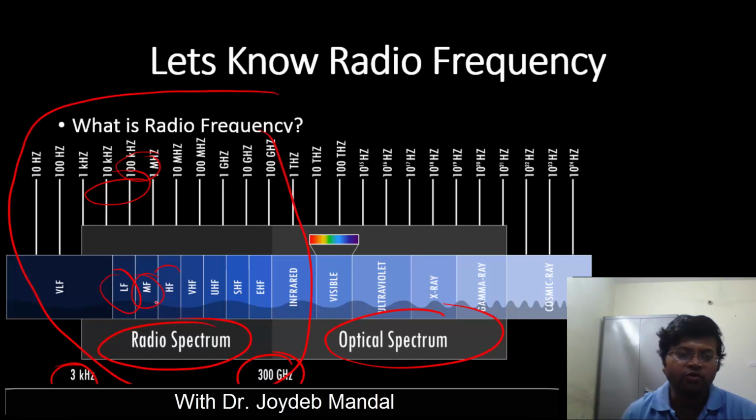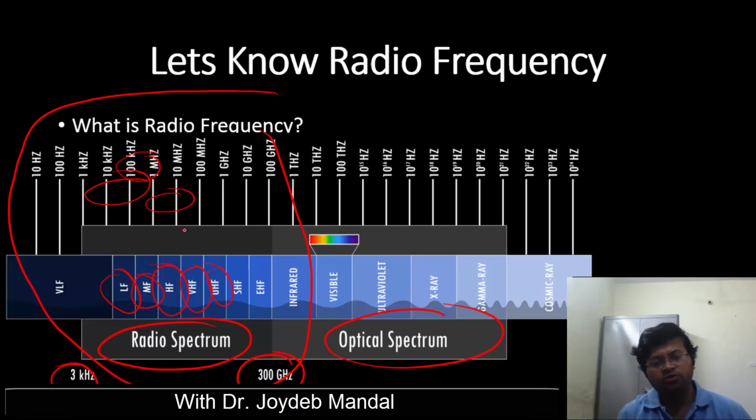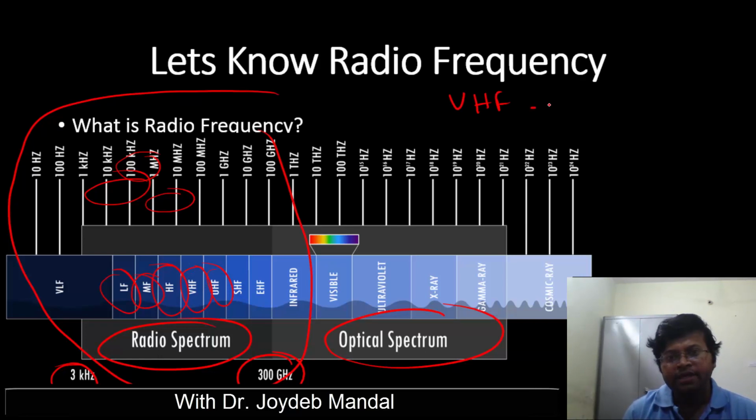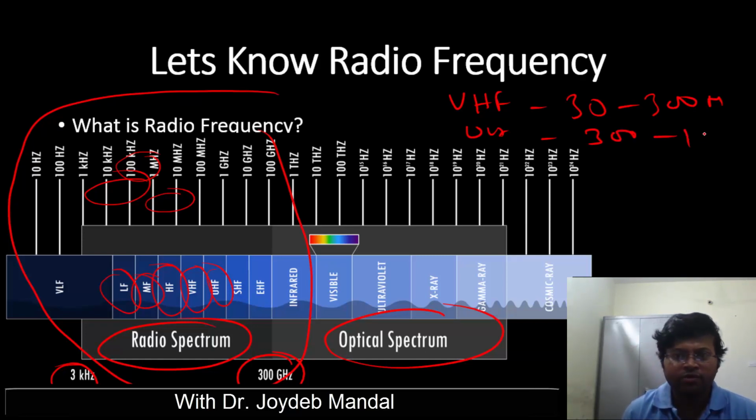Then it comes to the high frequency range, which is on the order of megahertz. Then VHF, very high frequency, then UHF, ultra high frequency. Most importantly, VHF is 30 to 300 megahertz, and UHF is more than 300 megahertz up to maybe 1 gigahertz.